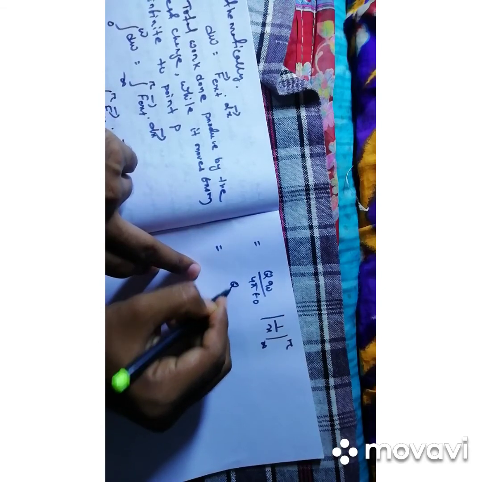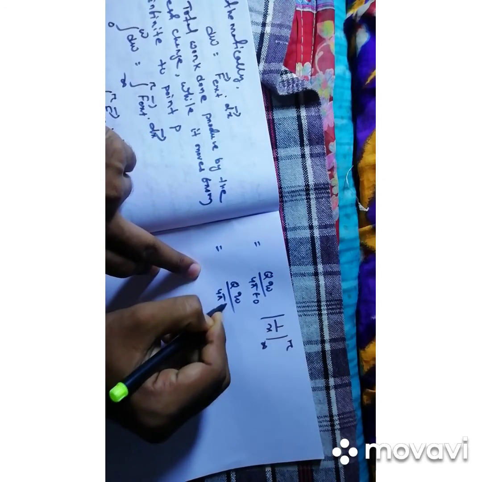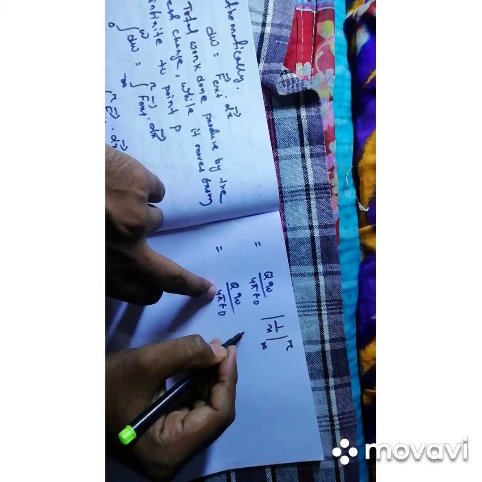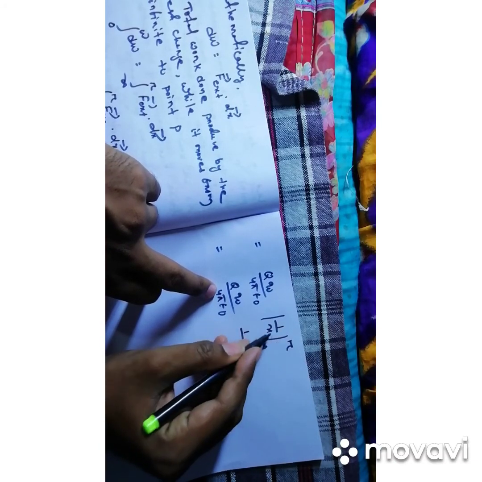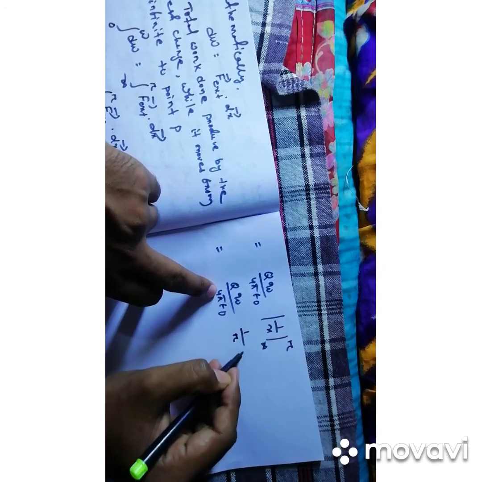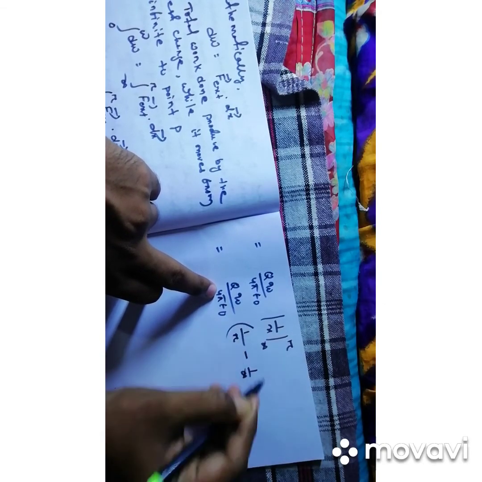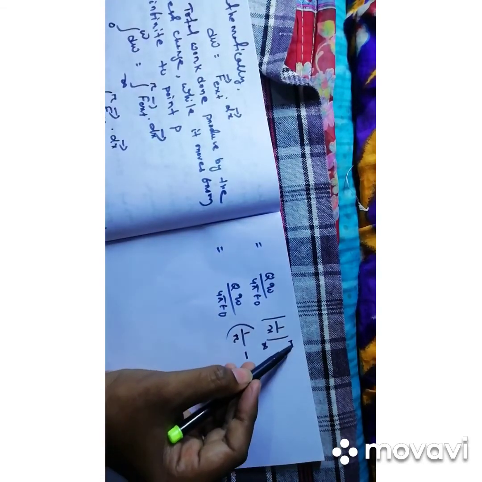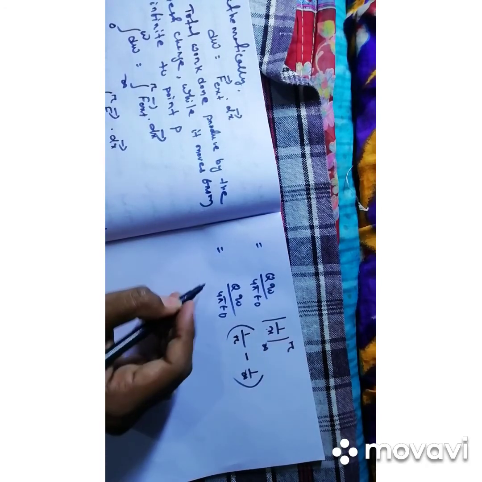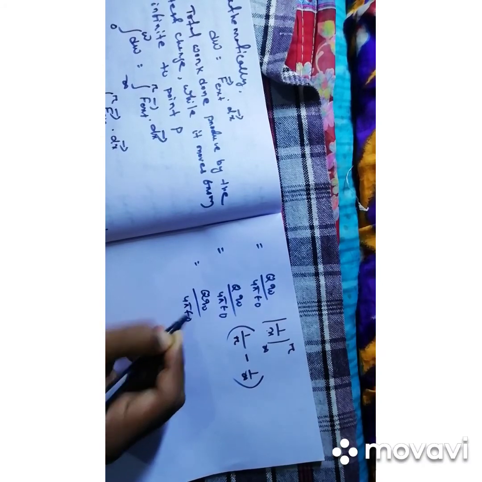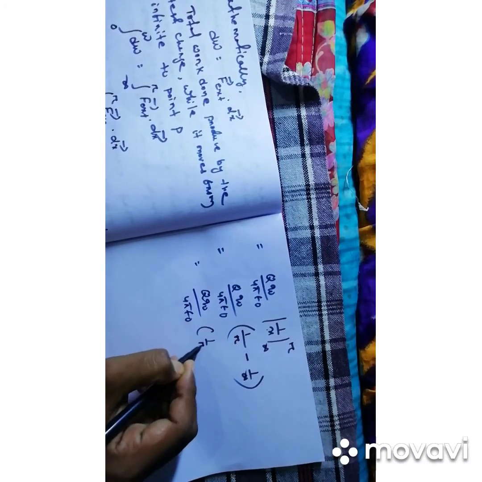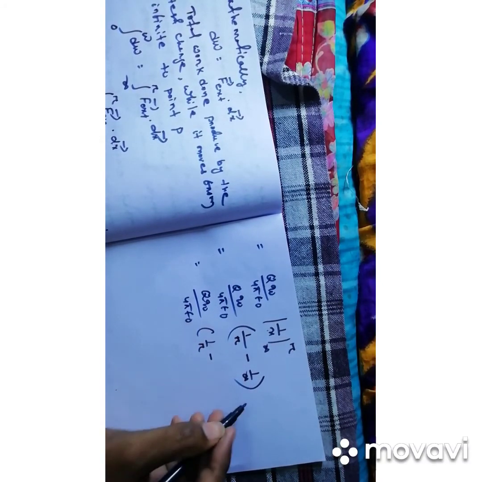So that can be represented as q naught by 4 pi epsilon naught. Here 1 by the upper limit, that means 1 by r, minus 1 by infinity, upper limit minus lower limit. So here you write q naught divided by 4 pi epsilon naught, 1 by r minus 1 by infinity, which means 0.